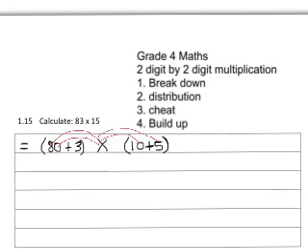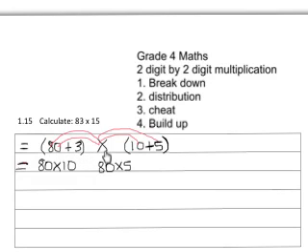So if I can write that down, it will look like this. 80 times 10 and 80 times 5.